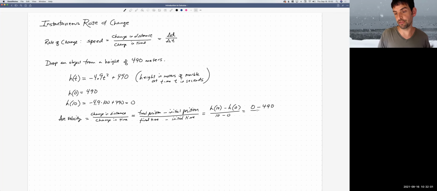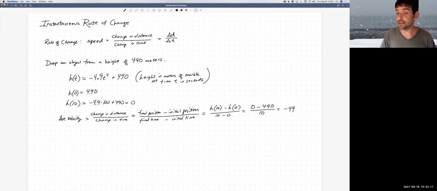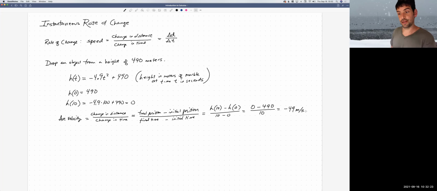We just computed both of these, and then we get over 10. So we get negative 490 over 10, or negative 49. Let's throw some units in there. We get meters in the numerator and seconds in the denominator, so meters per second. Okay, so on average, it traveled 490 meters in 10 seconds. That's an average of 49 meters per second.